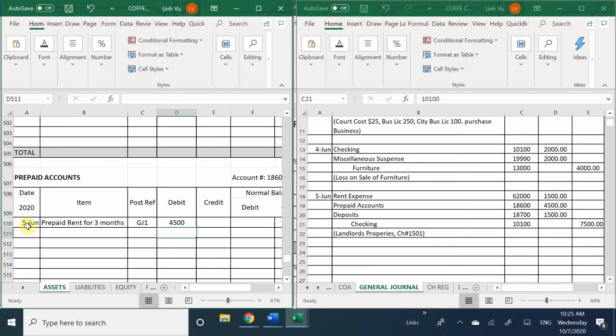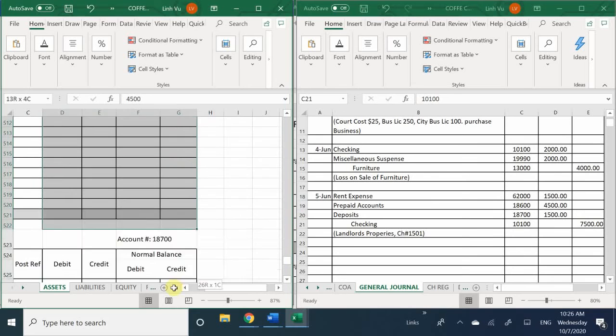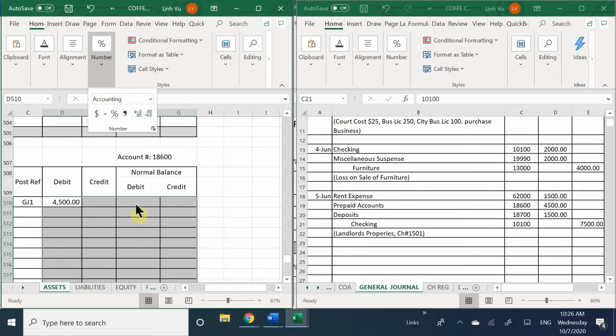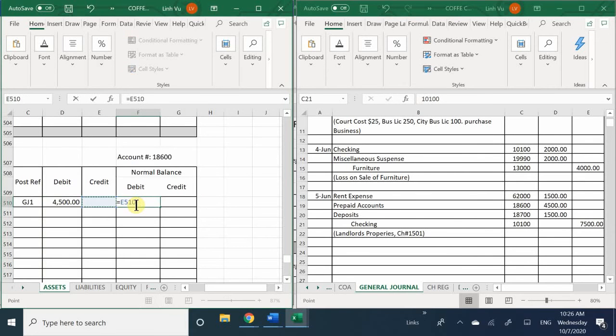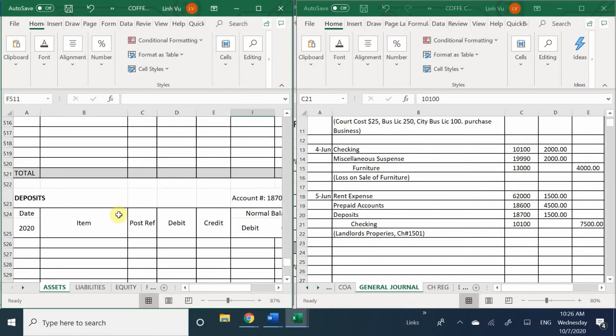So for $4,500. And in this case, because this is my first time entering this data, my debit balance for prepaid accounts is going to be $4,500.